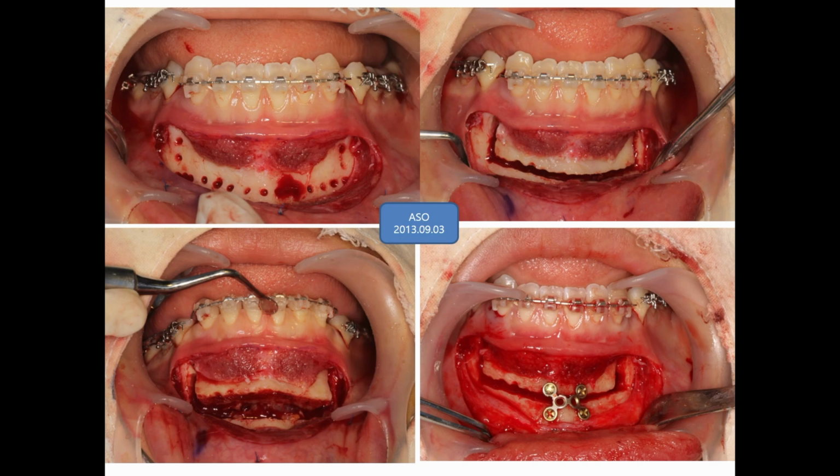If the cut bone surface is rough, it's very difficult to position lingually. So the most important area is the corner line. Understand? Please smooth the corner line, so it's easier to position back.